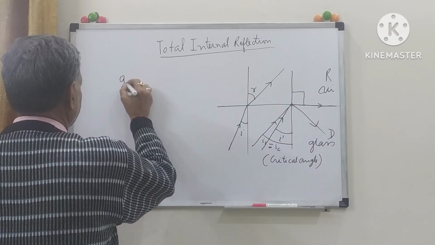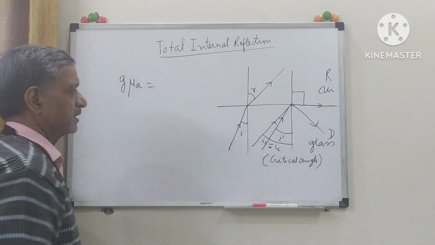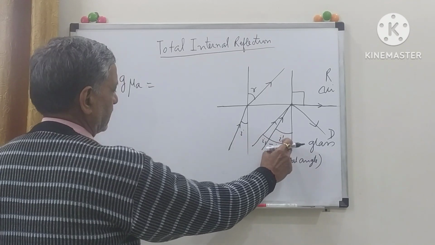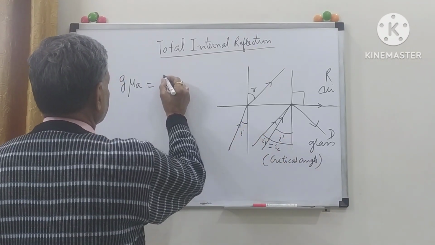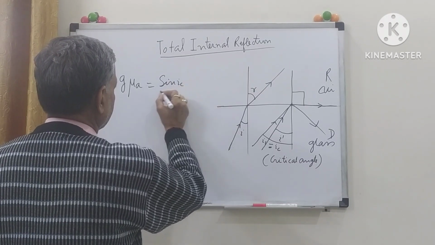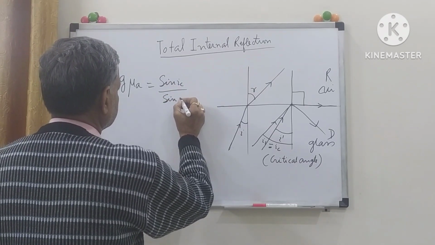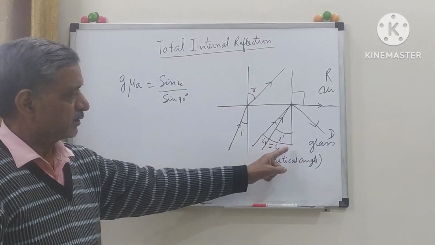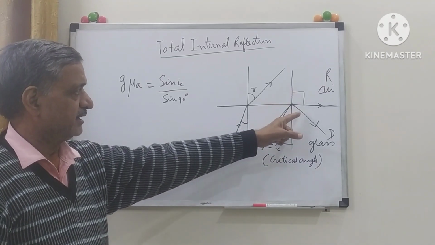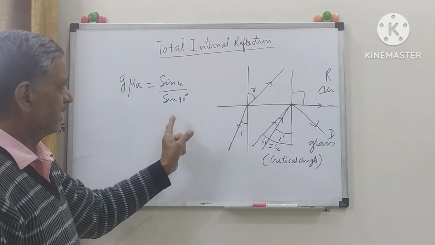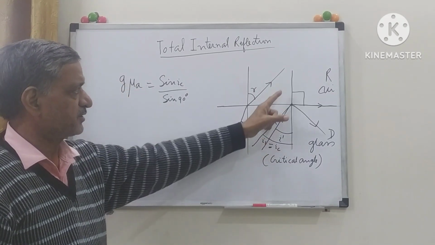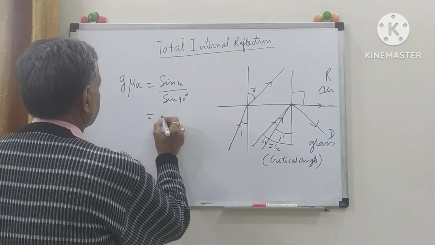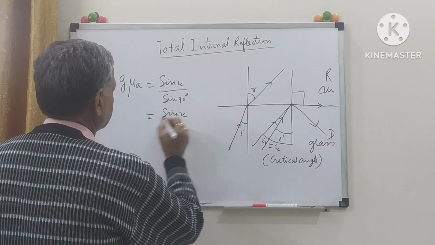So by Snell's law, g mu a, glass to air, at that particular angle of incidence, the critical angle, is sin I by sin R, and R in this case is 90 degrees. When the angle of incidence is equal to the critical angle I C, then the angle of refraction is 90 degrees. So g mu a is equal to sin I C upon sin 90 degrees. So that is sin of I C, the critical angle.